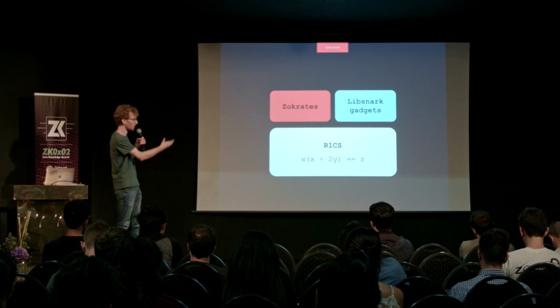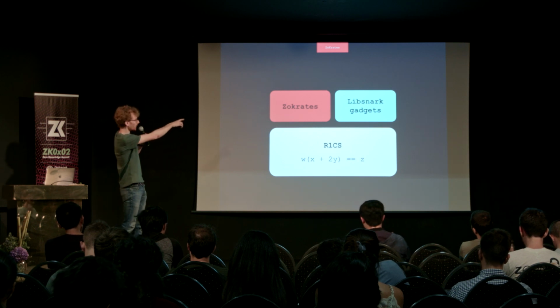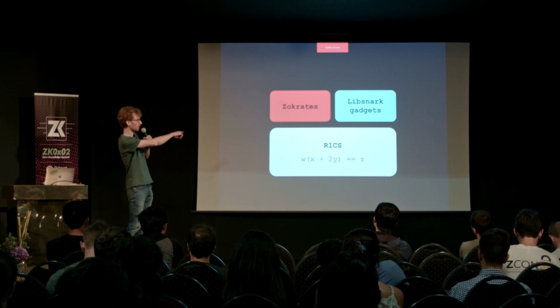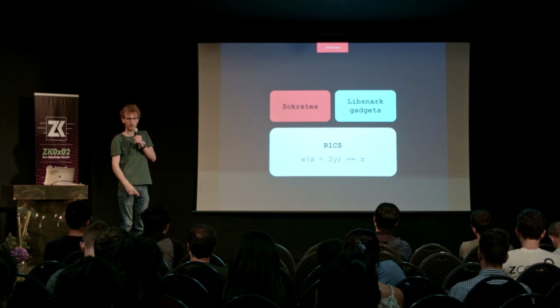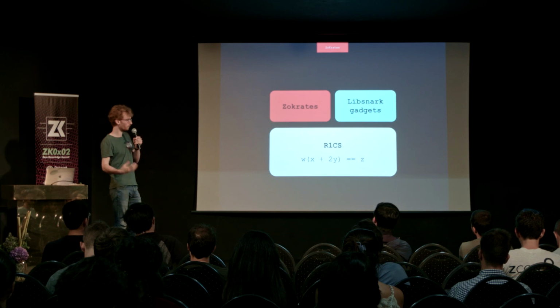So this is a very simple abstraction, and I say, okay, let's use that. We'll just take the LibSNARK gadget, compile it to R1CS, feed that into ZoKrates, and there we go. We have our 27,000 constraint hash function.